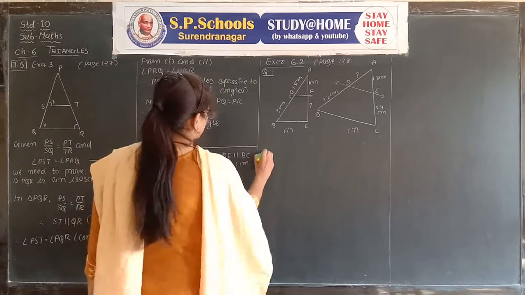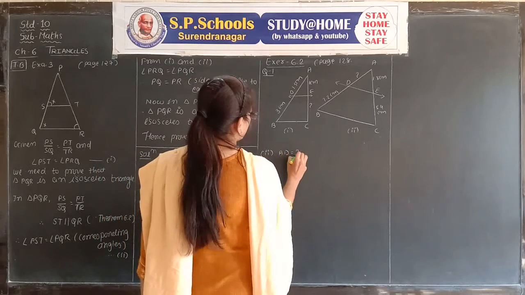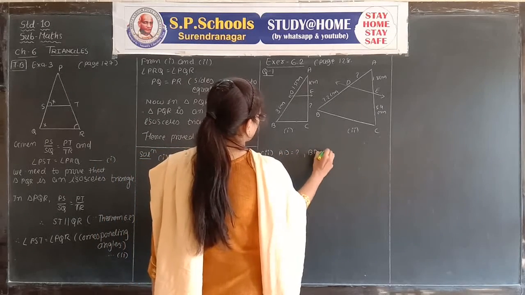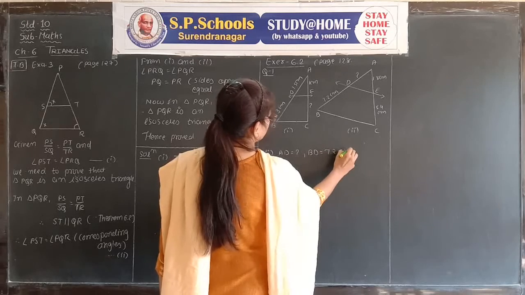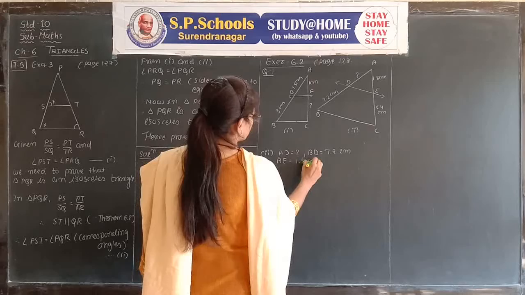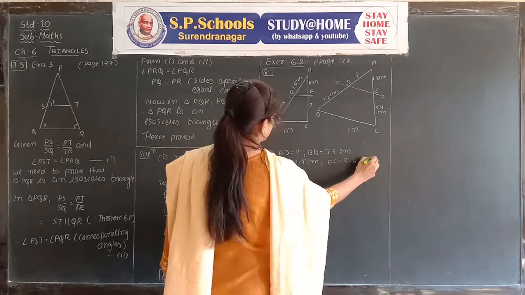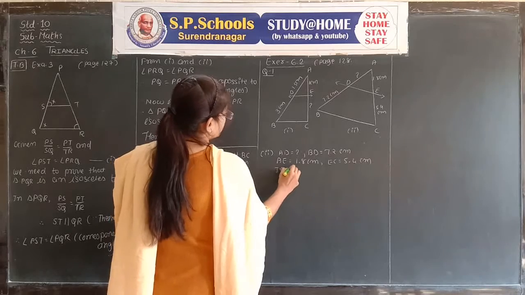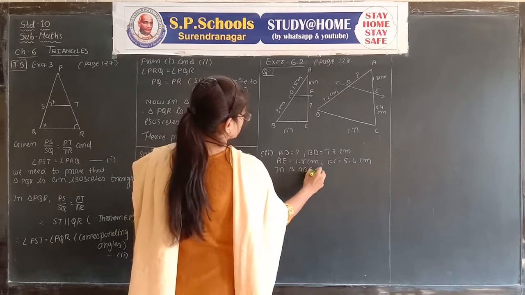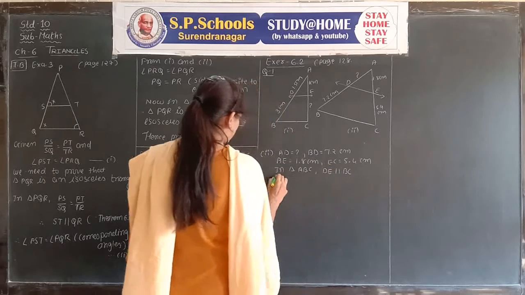Now for the second one, given AD is question mark, BD is equal to 7.2 centimeter, AE is equal to 1.8 centimeter, and EC is equal to 5.4 centimeter. In triangle ABC, DE is parallel to BC.